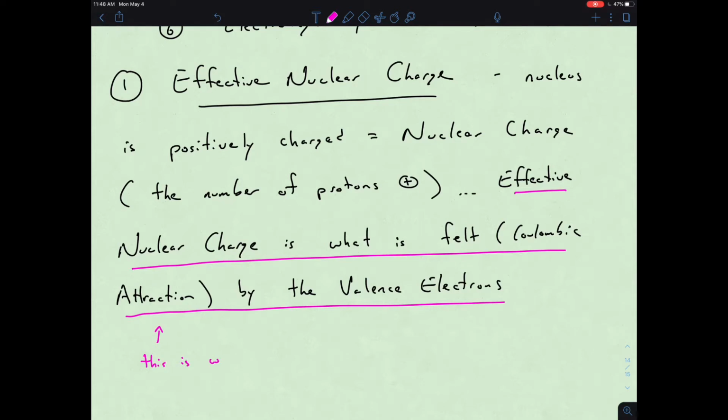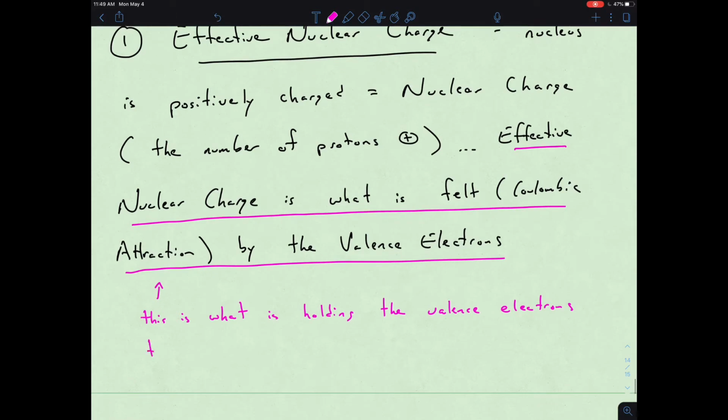This is basically what is holding, let's say that another way, this is what is holding the valence electrons to the atom.